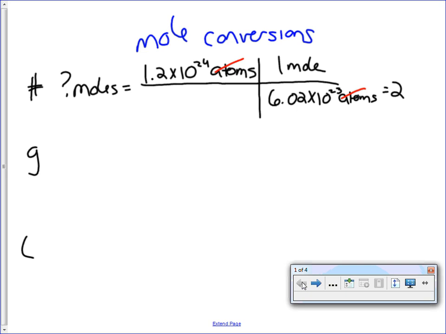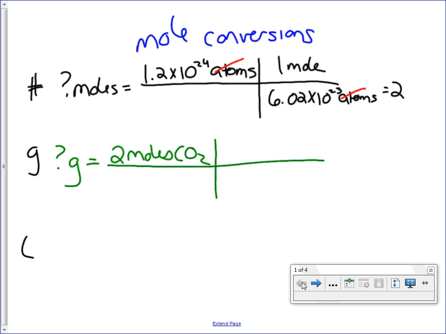If I'm looking for how many grams are in 2 moles of carbon dioxide, this is the case where it matters what it is. It matters that it's CO2. I know that 1 mole goes on the bottom to cancel out moles. So moles go away. And I'm looking for grams over here, so I need to put grams on top.